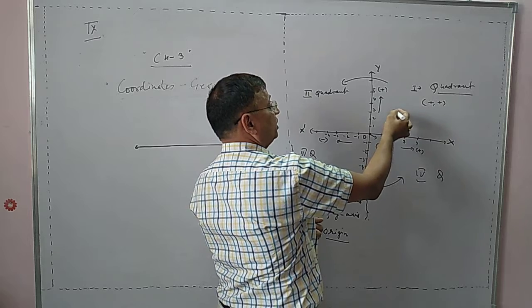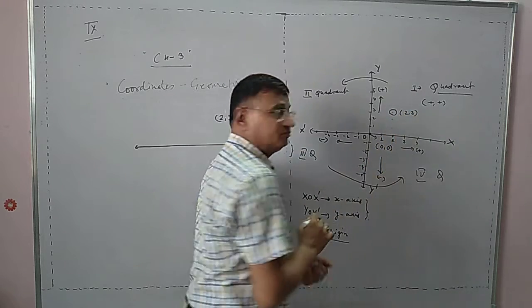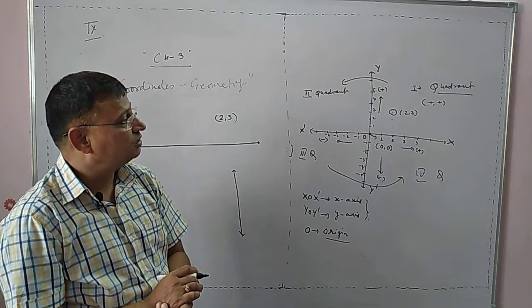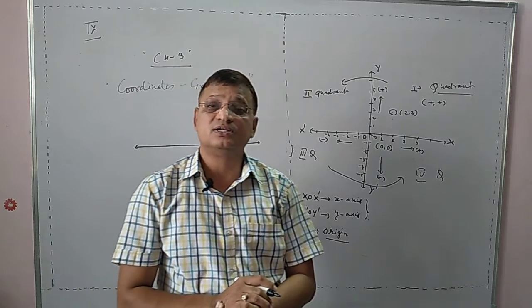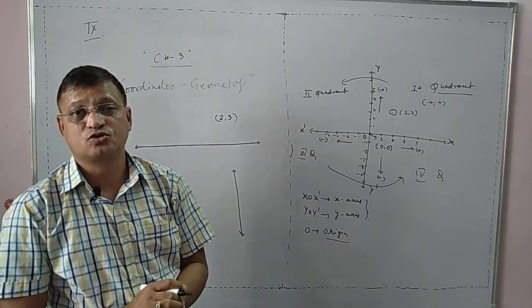This is the point (2, 3). Both are positive, so in the first quadrant the coordinates are always plus, comma, plus.